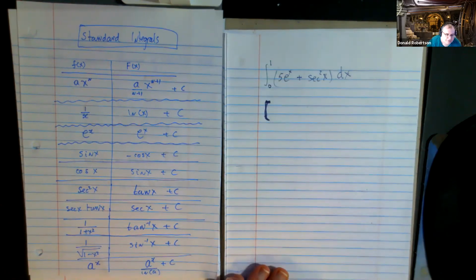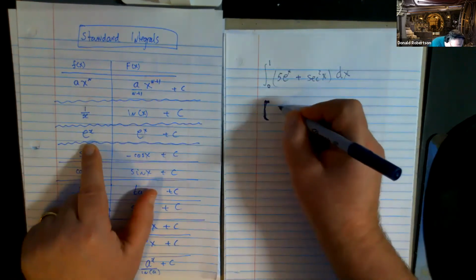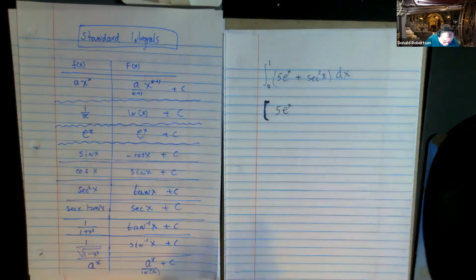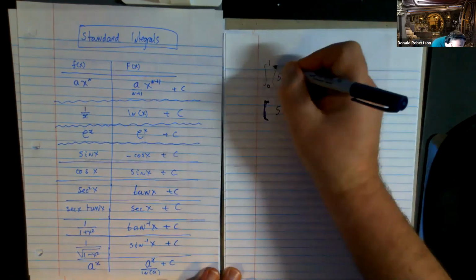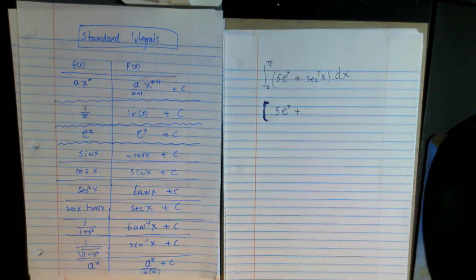Antiderivative of 5e to the x, right? So one of the guys over here, 5e to the x. Antiderivative of secant squared. Oh, can I change that to pi? Antiderivative of secant squared. That was tangent.